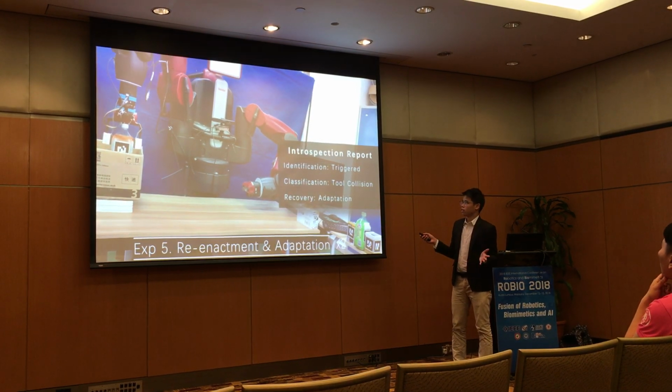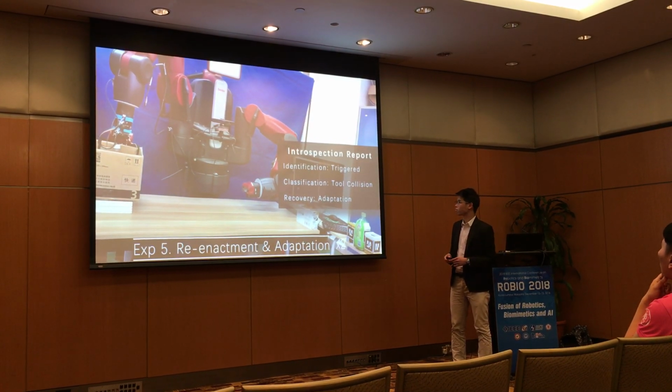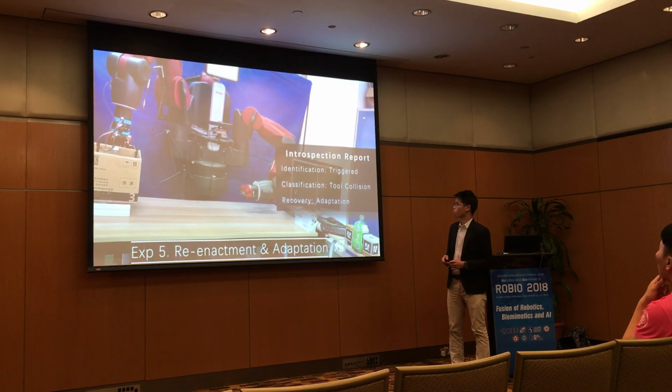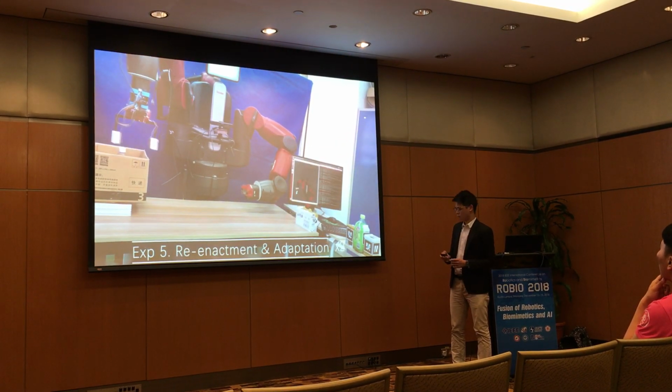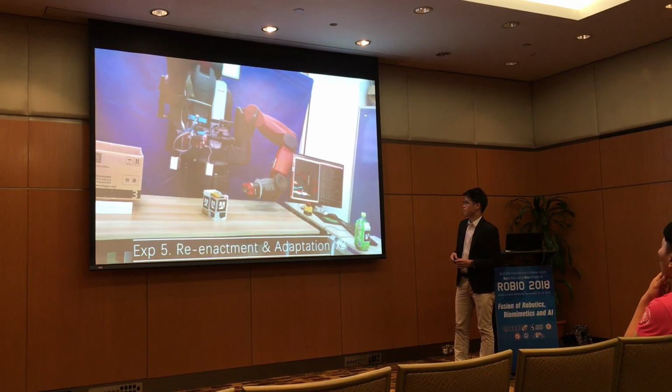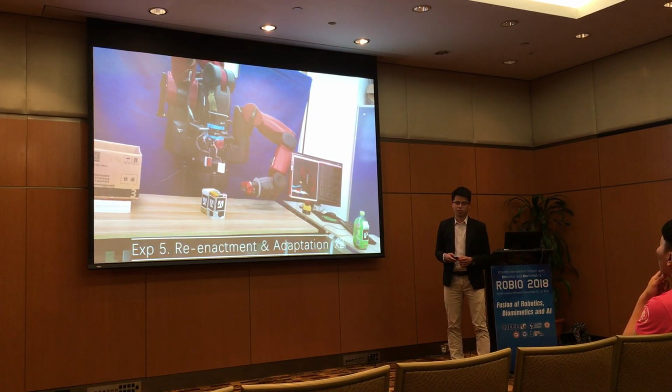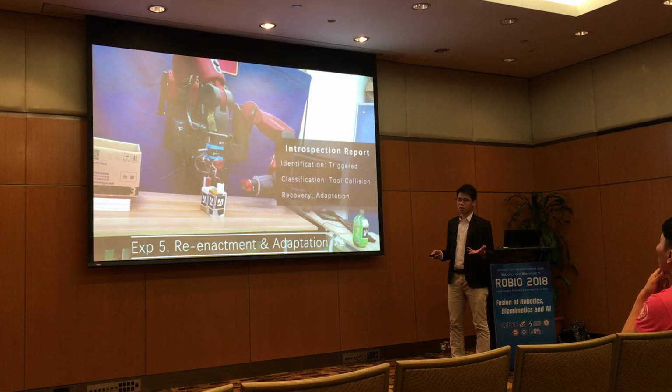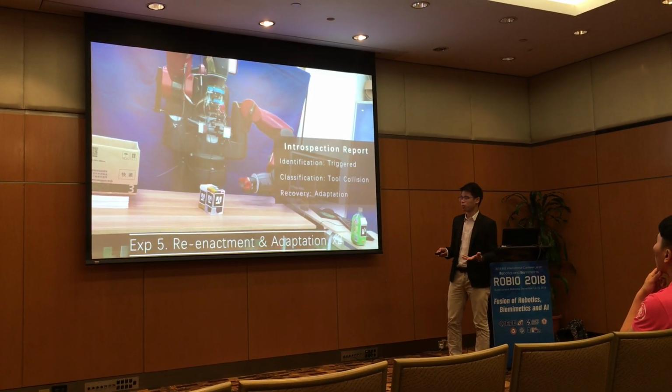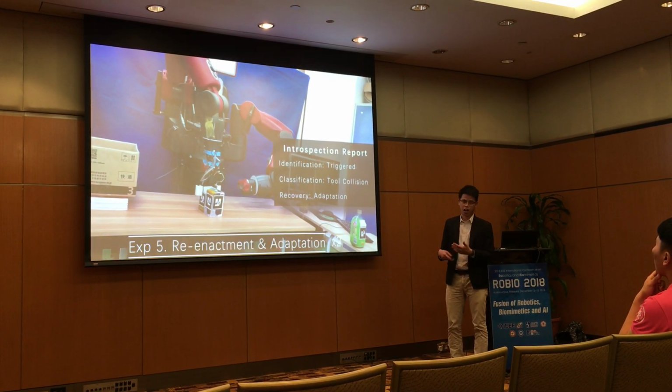So we tested it online. Yeah, this is very funny. Just let the robot do the manipulation task. If it can detect an anomaly, then it will recover from it.